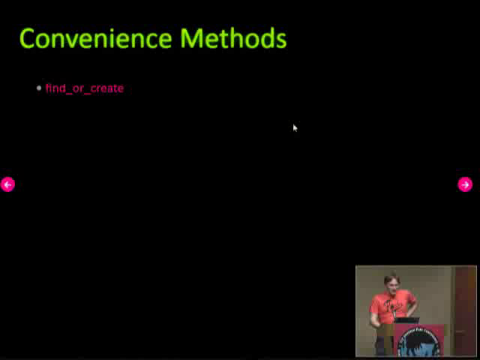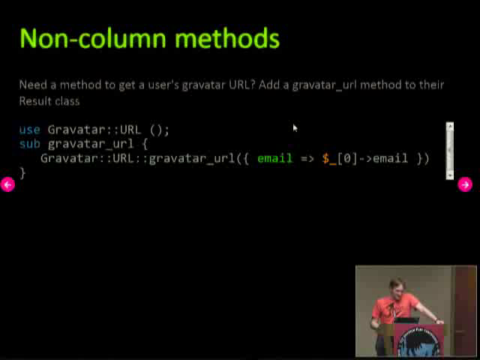There are a number of convenience methods that most ORMs give you. One of my coworkers actually thinks these two methods, find_or_create and update_or_create, are the number one reasons to use DBIx::Class. These two methods right here. So I'm not so sure, but whatever. Here's an example of other methods you can add to a row with almost all ORMs.